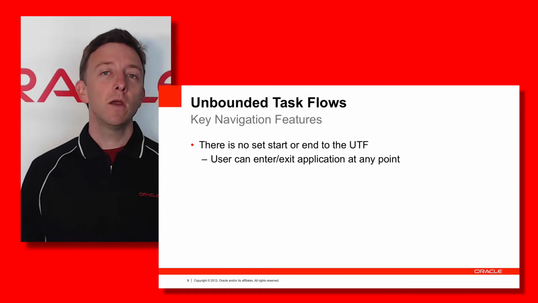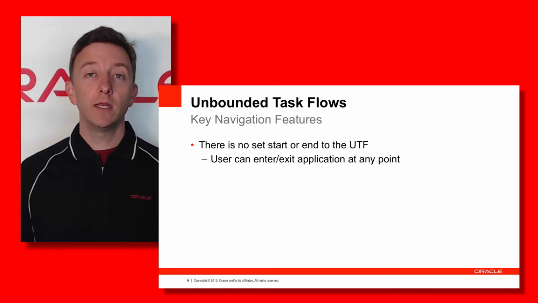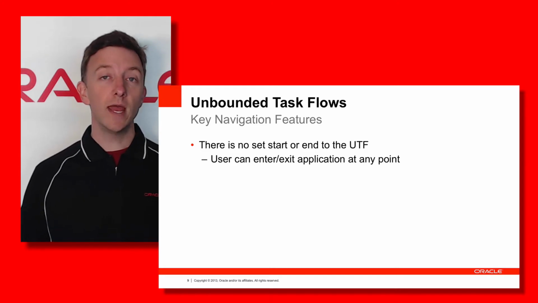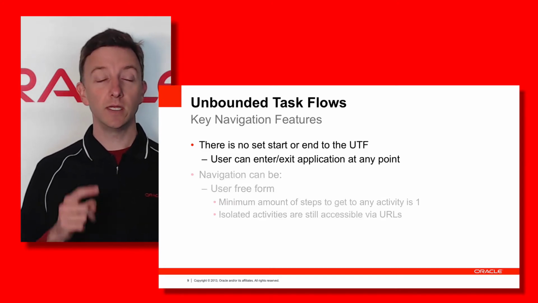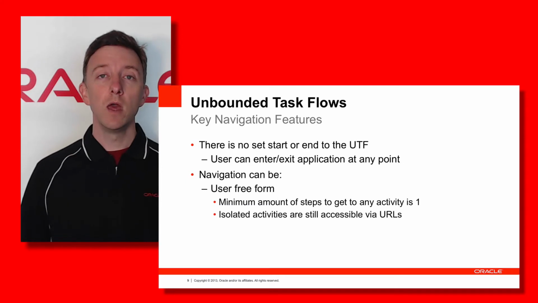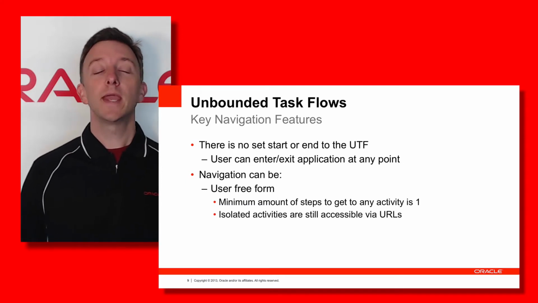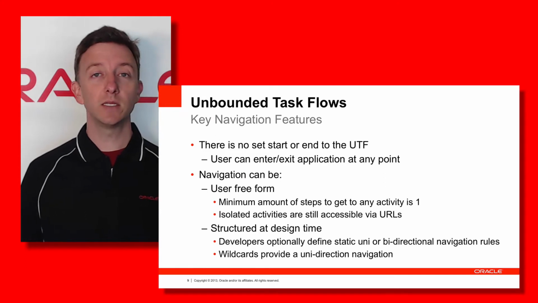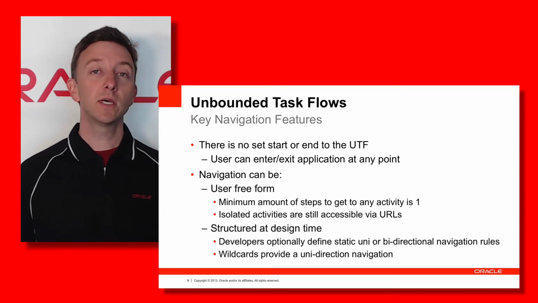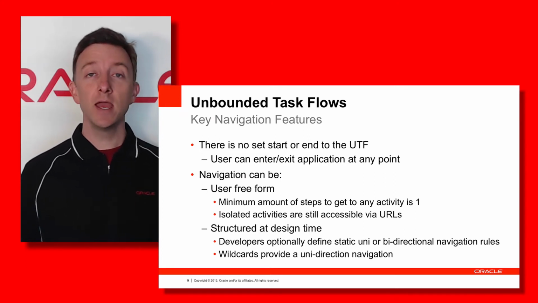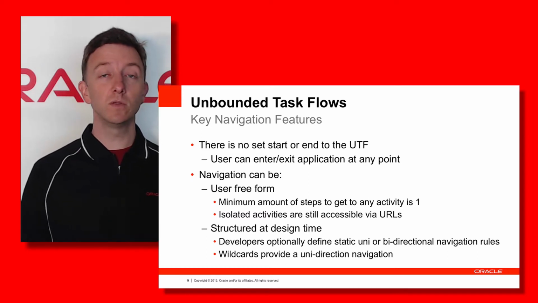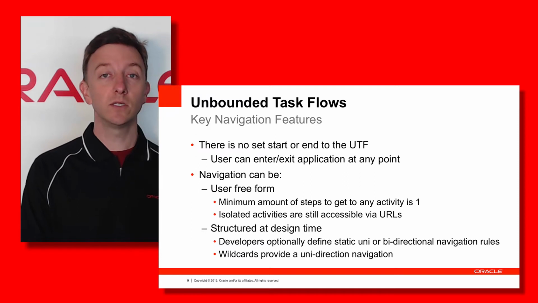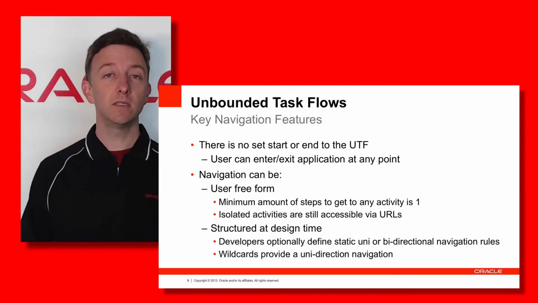In addition, the navigation model then, the number of steps that the user can take in order to get to any activity on the unbounded task flow is, well, the minimum is 1. Though, of course, you can also, in addition, set up navigation rules within your unbounded task flows such that if the user lands on activity A and you have set up navigation rules to activity B, then those control flow cases will allow the user to navigate across the activities.